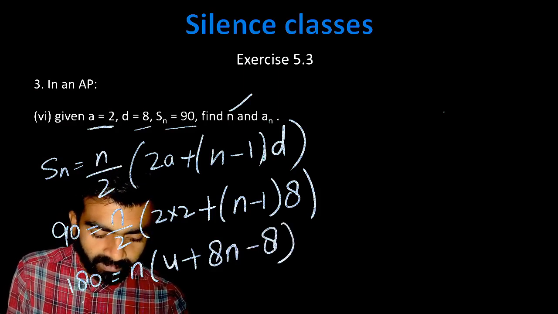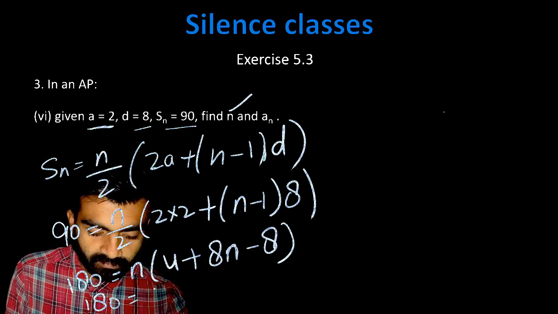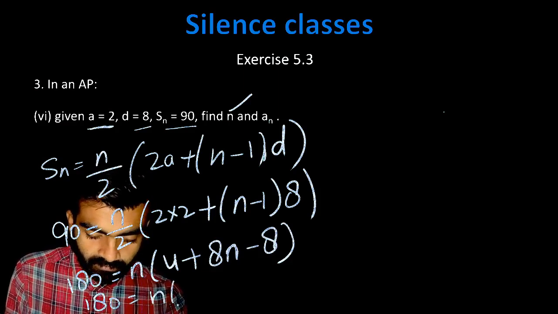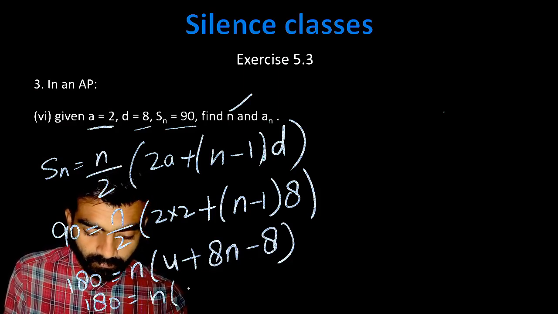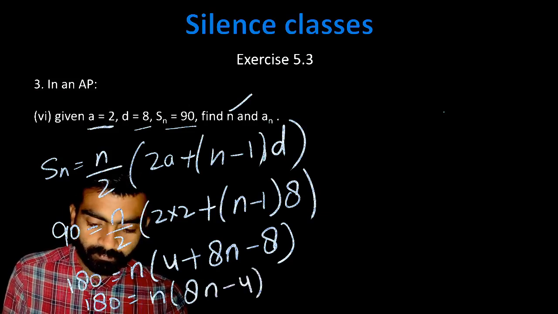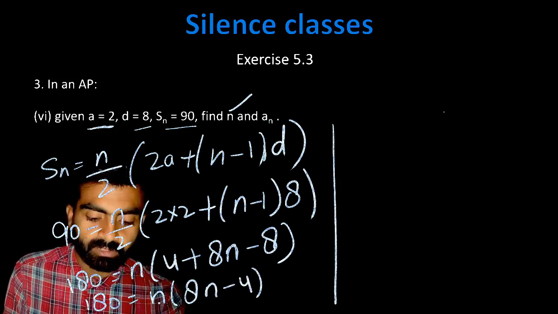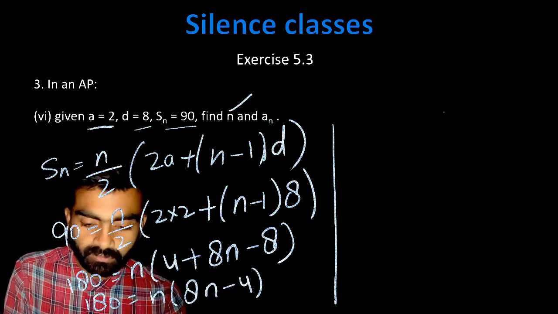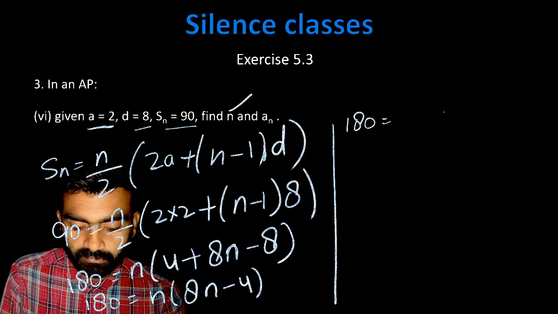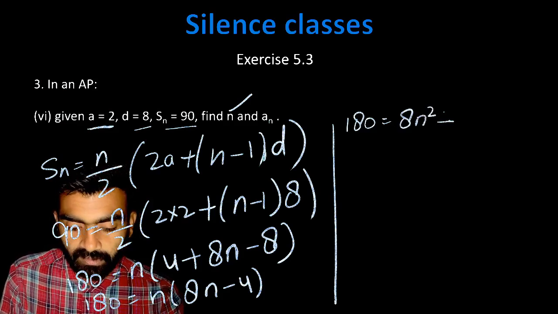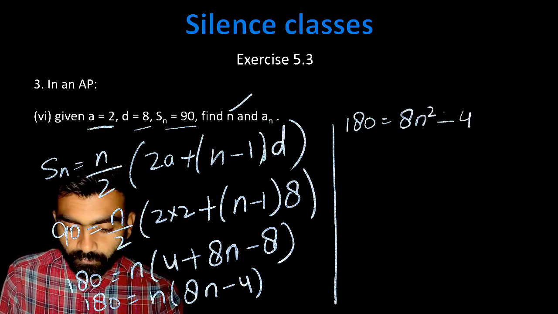Once we solve the bracket, we get 180 is equal to n (8n minus 4). Now once we open the bracket, we multiply 8n by n, so we get 180 is equal to 8n square minus 4n.